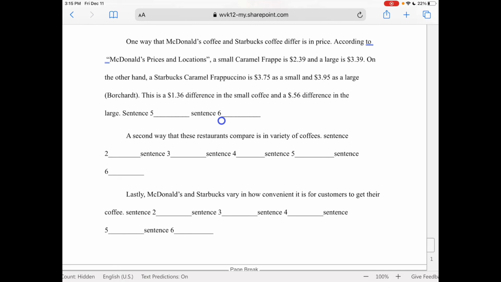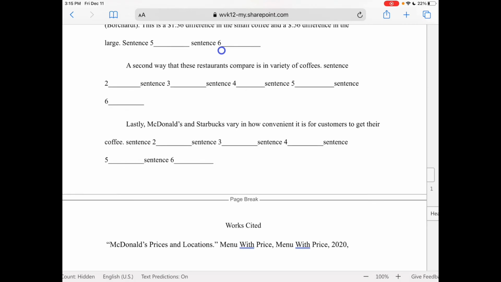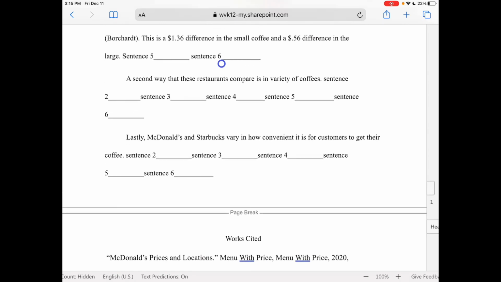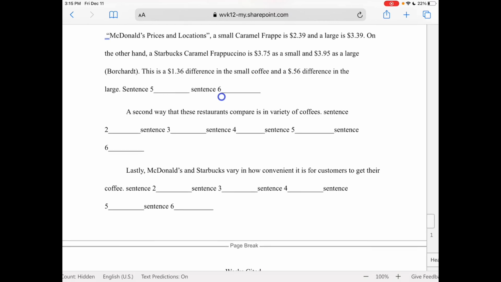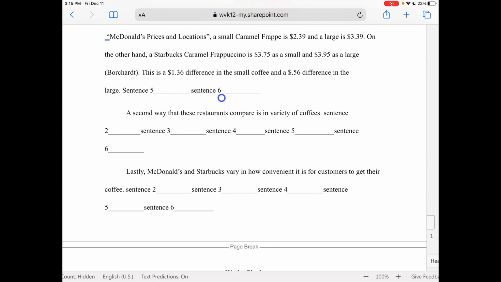My third paragraph, I already put in my first sentence since I knew it, and I did my little sentence reminders there because this is, as I said, a developing paper, not complete yet. And my fourth paragraph, I put what I knew so far, which is my first sentence and my sentence reminders. And of course, I still have to do my fifth paragraph, but that's for another day. So I'm still working on this.